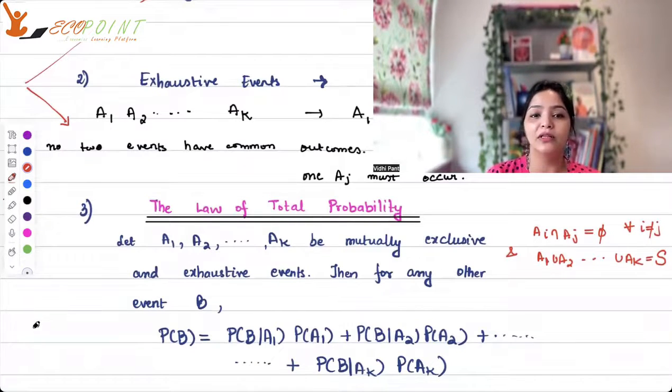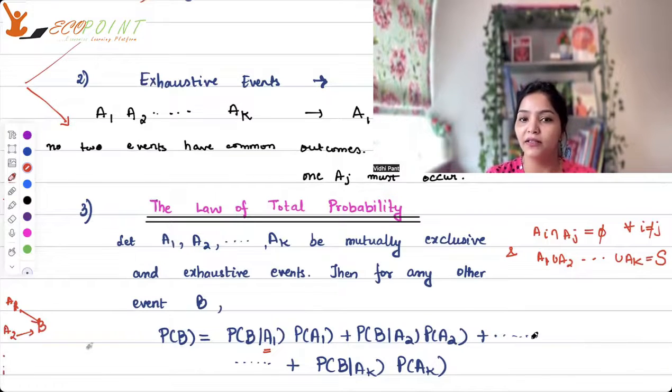This event B is happening later, posterior, and A1, A2, so on and so forth, these are the events that have already happened. Now, occurrence of B is dependent on occurrence of A1 also. Occurrence of B can be dependent on the occurrence of A2 because all these have already occurred.